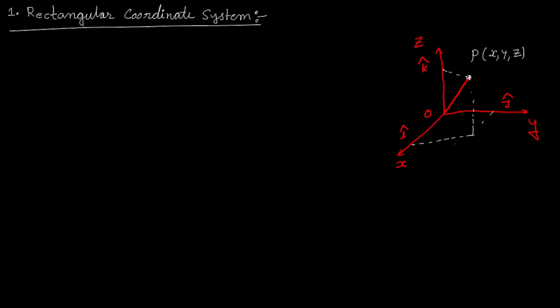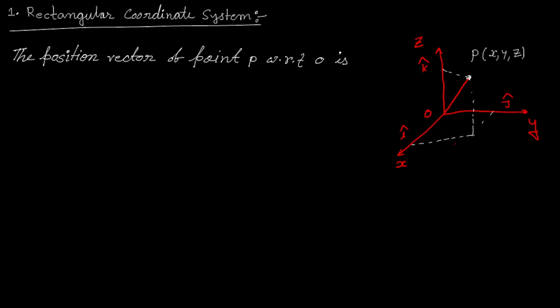So let's write here: the position vector of point P with respect to origin O. Usually we represent this position vector in this way: if it is point P, then we write r with suffix P.